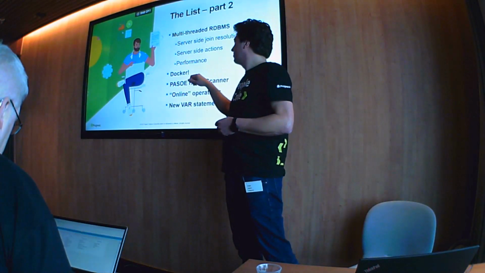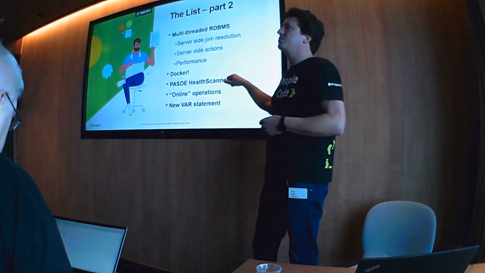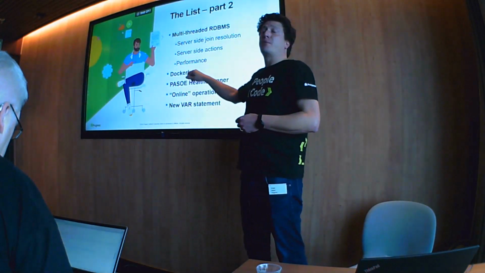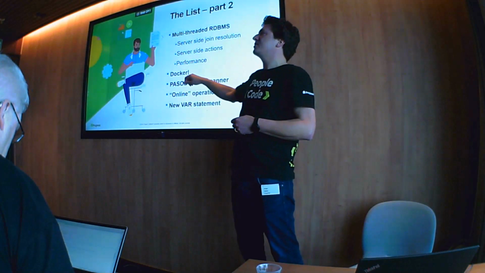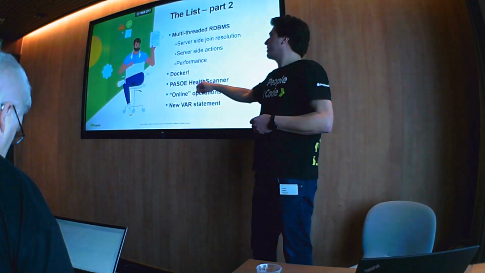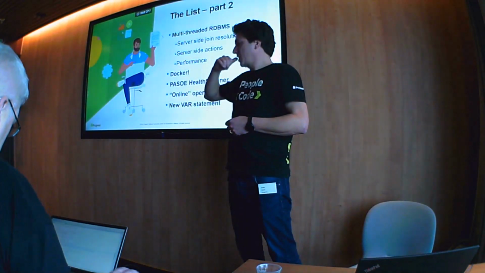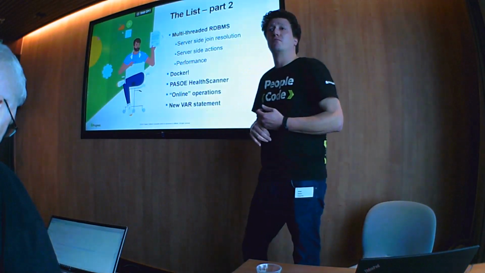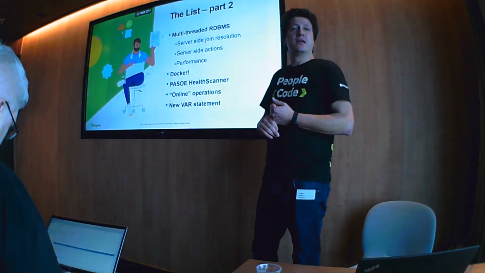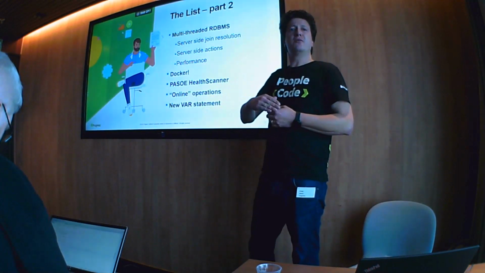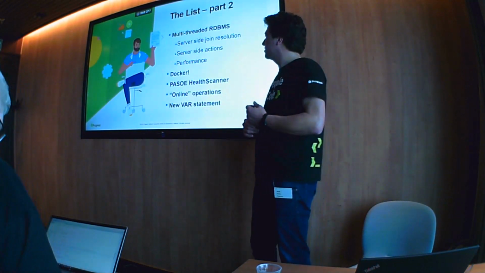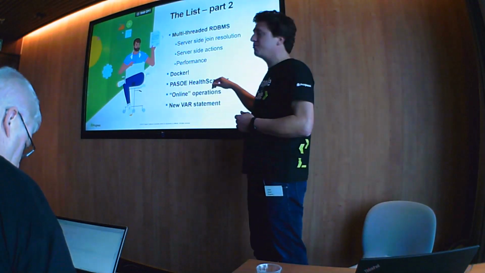I can set, for example, a maximum memory limit. It's an interesting one, because at some point you can imagine that you're saying, okay, I don't want my application server to use more than 4 gigabytes of memory, right? And if it uses more than that, I consider it not healthy and I want it to shut down, and I'll get another one out basically. Those kind of rules can be set within the health scanner.